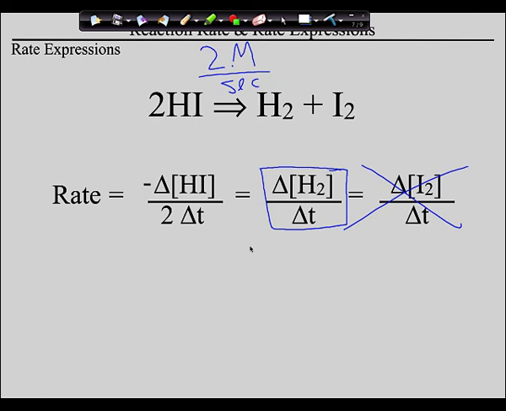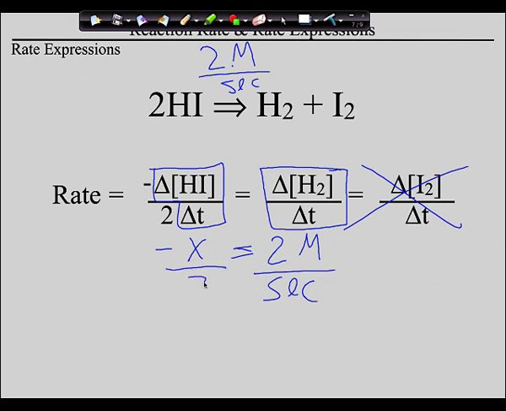So this is 2 molarity per second. Now what are we solving for? Well, we want to know the rate at which HI is being consumed. So guys, this is the idea. This is your X. So what that would look like then is this. Negative X over 2.